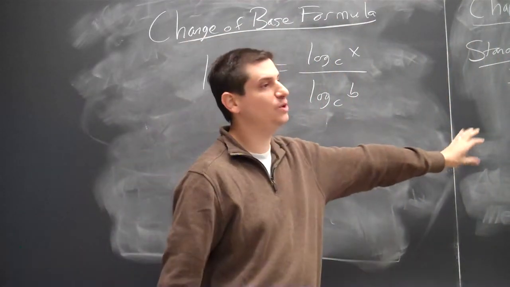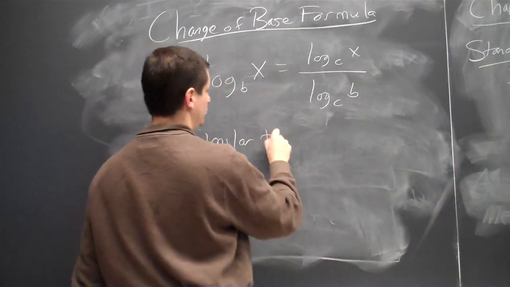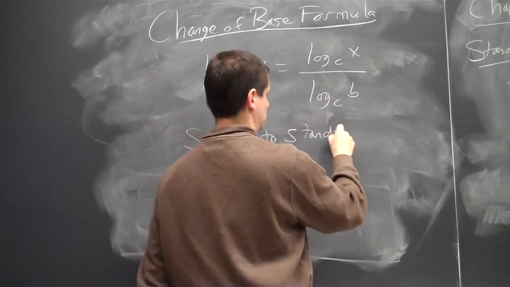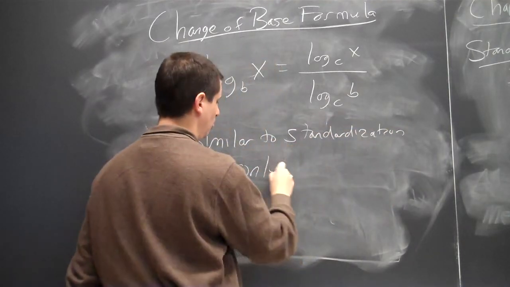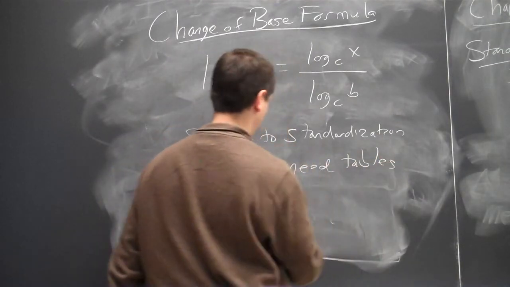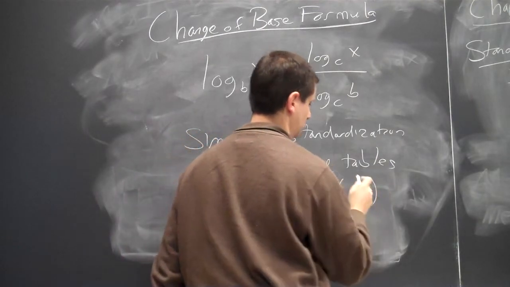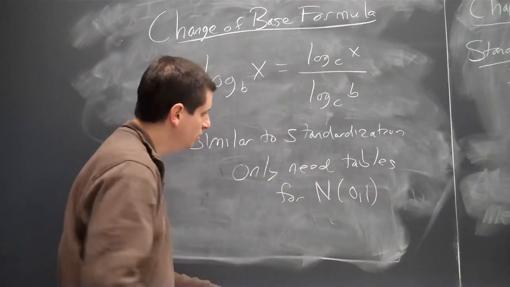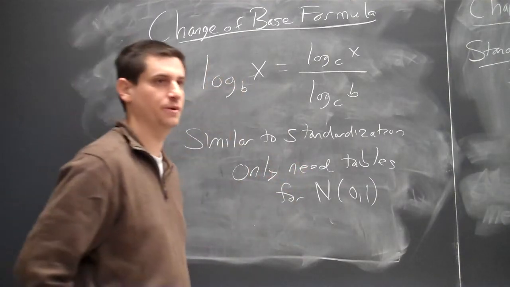That's essentially what we're doing with our standardization. So this is similar to standardization. We only need tables for a normal with mean 0 and variance 1. Once we know the normal with mean 0, variance 1, we know the normal everywhere.